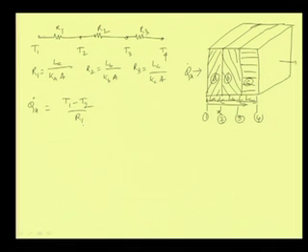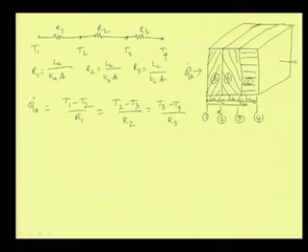At steady state there is no accumulation of energy, so all the energy which is coming here will pass through. Therefore, this will also be equal to (T2 minus T3) by R2, and this will be equal to (T3 minus T4) by R3, the driving force divided by the resistance.